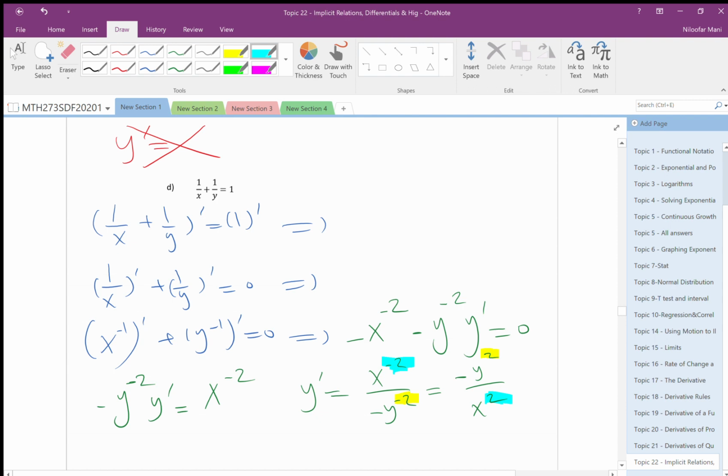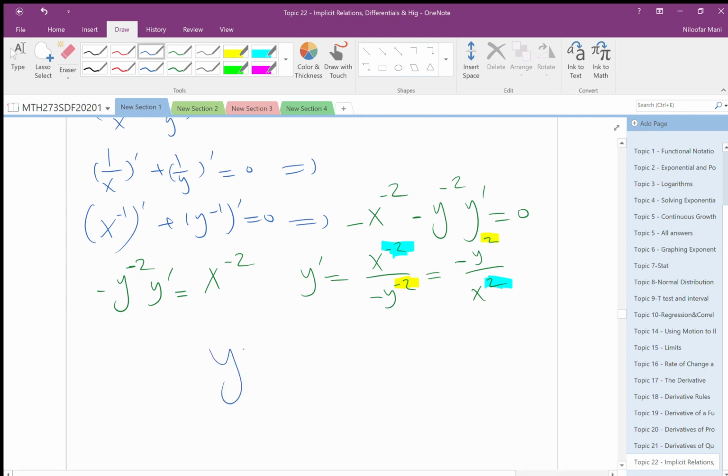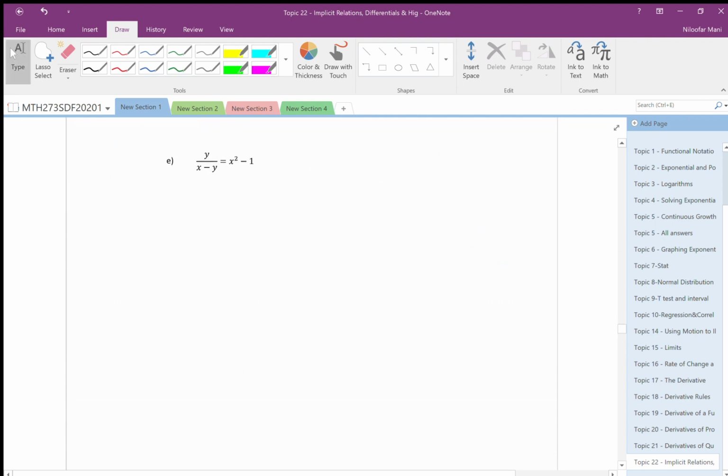Okay, so this is the answer. So now I can say y prime is minus y squared over x squared. Okay, so now how about this one here? How about this one here? So I do derivative of both sides.